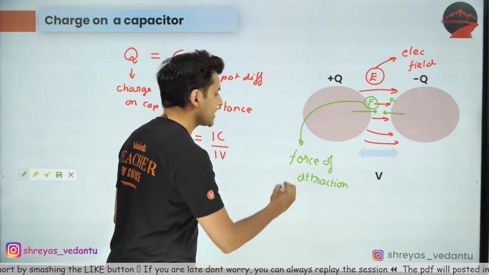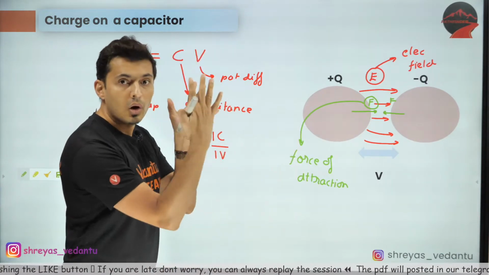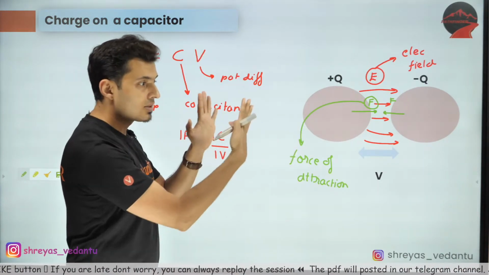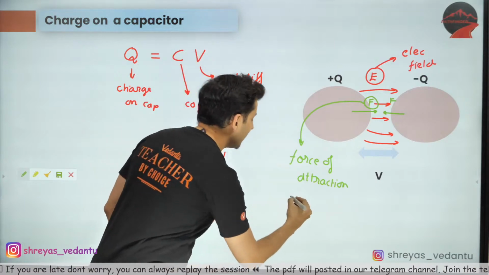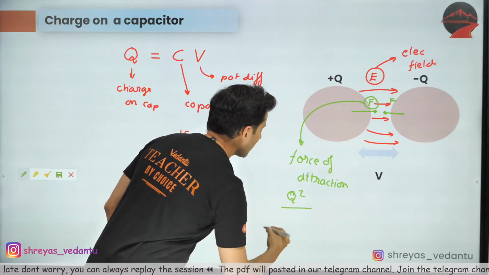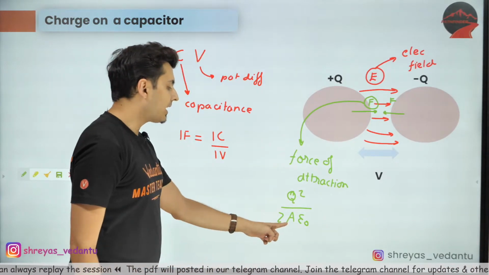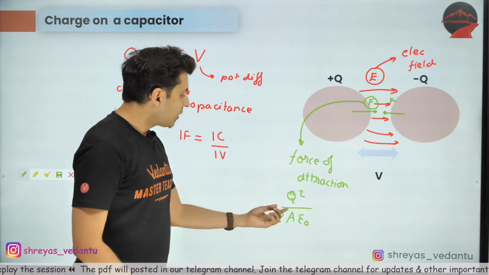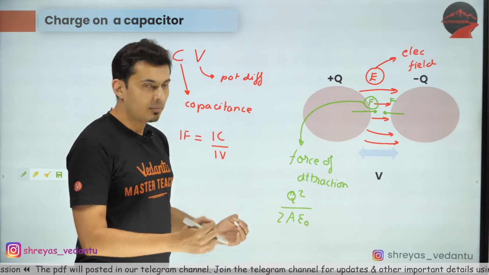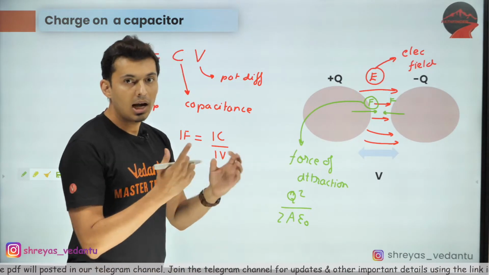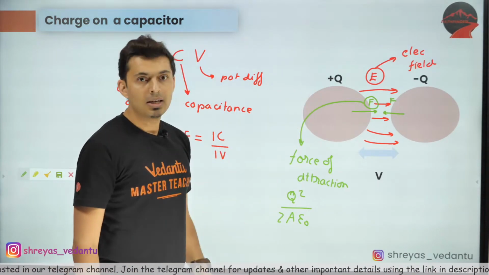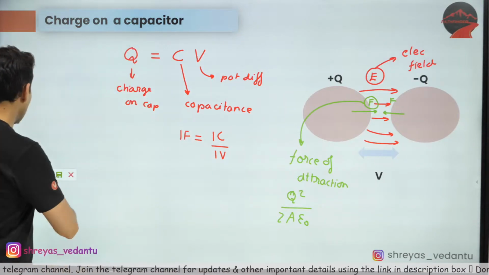The force of attraction between the two plates or the two conducting surfaces of a capacitor is Q squared by 2Aε₀. What is A? A is the area. What is ε₀? Permittivity of free space. What is Q? Charge magnitude on any one of the surfaces. Keep this in mind.